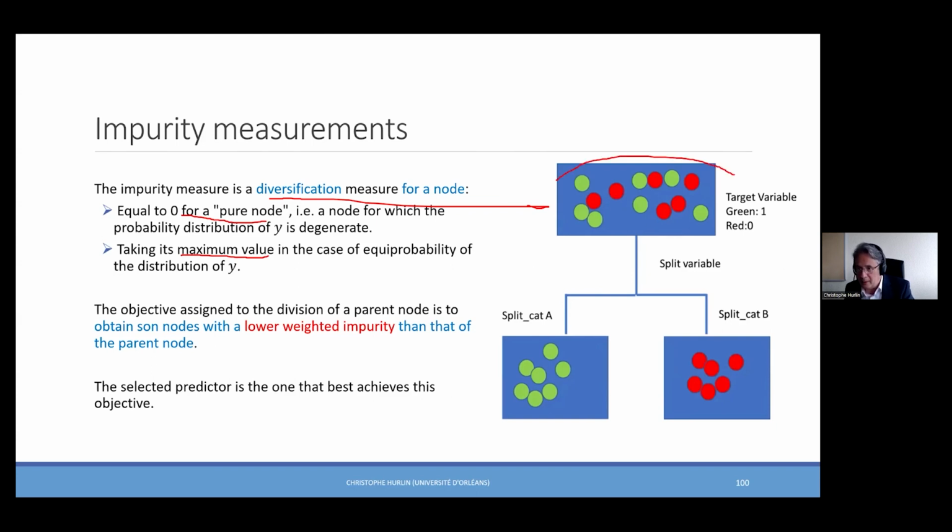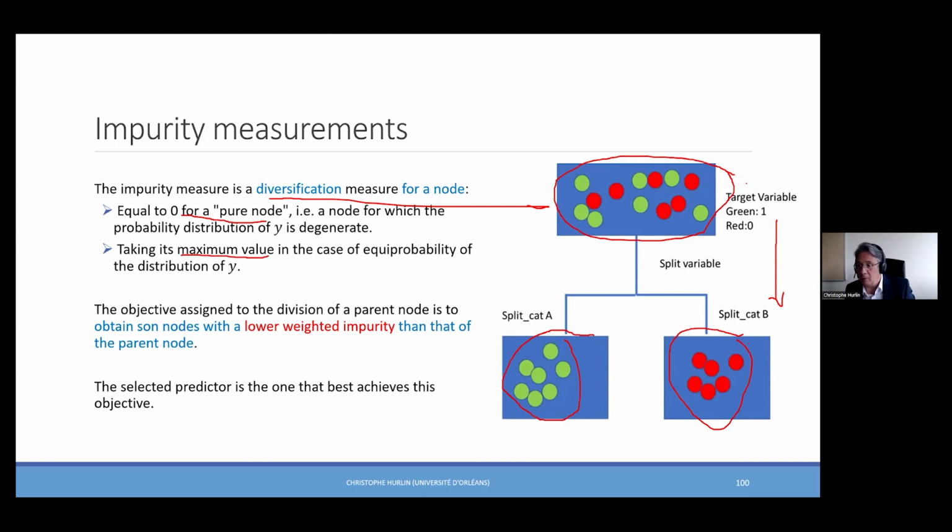So here I have a given impurity. My goal is to get, as much as possible, a situation in which on the left I have no impurity and on the right I have no impurity. Then if I compute my impurity measure here and here, I have a large decrease in the impurity measure.